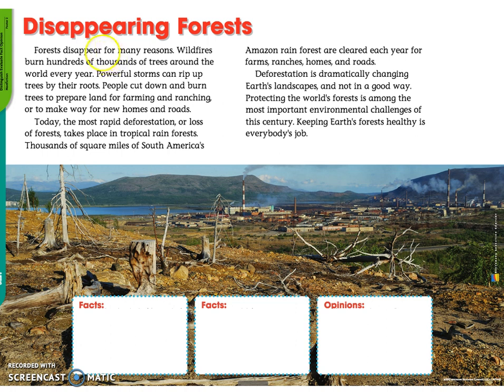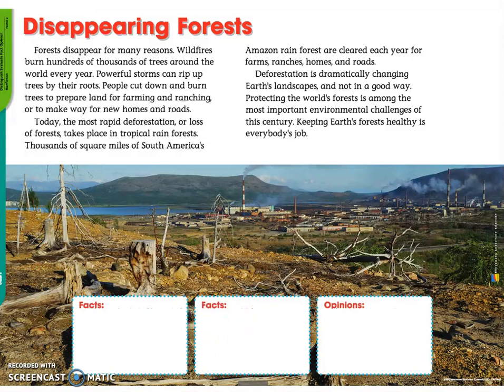Let's reread the rest of it. Today, the most rapid deforestation, or loss of forests, takes place in tropical rainforests. Thousands of square miles of South America's Amazon rainforest are cleared each year for farms, ranches, homes, and roads. Deforestation is dramatically changing Earth's landscape, and not in a good way.